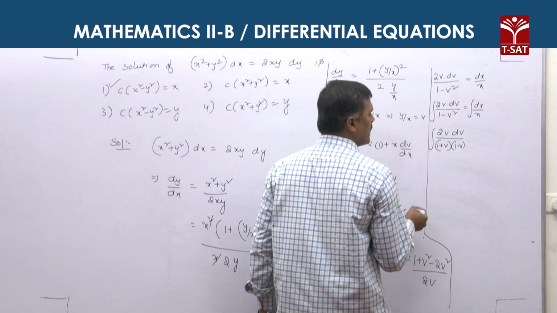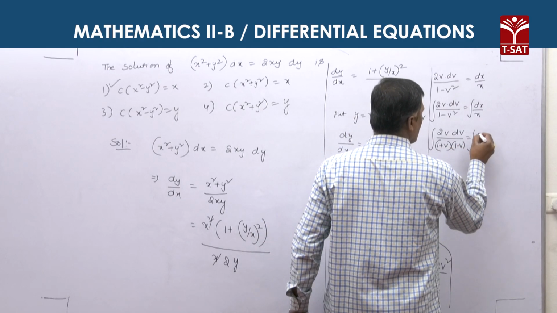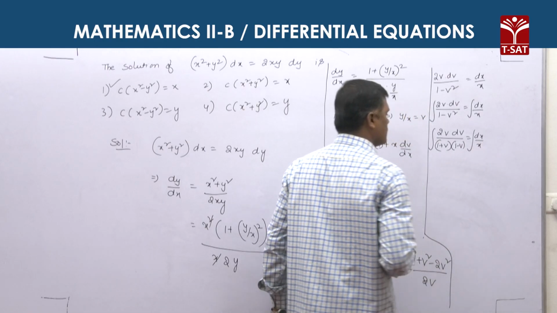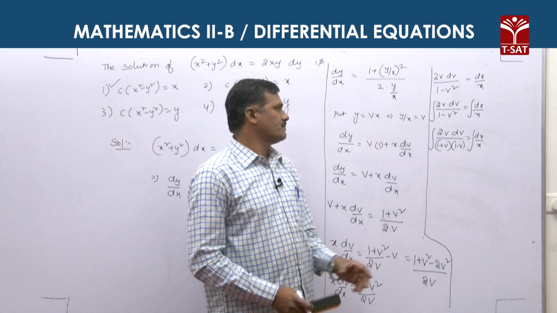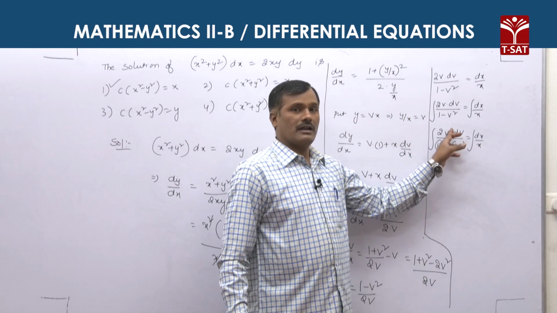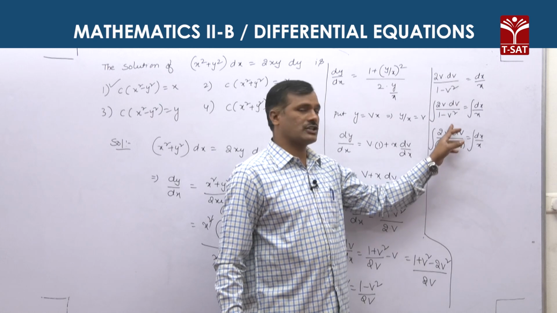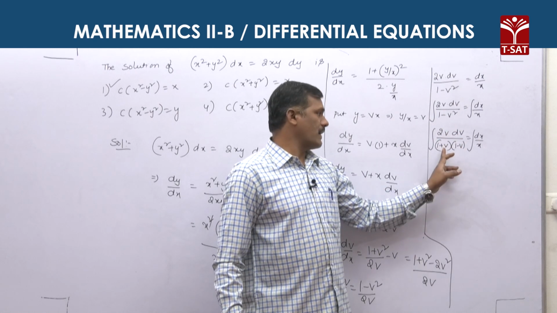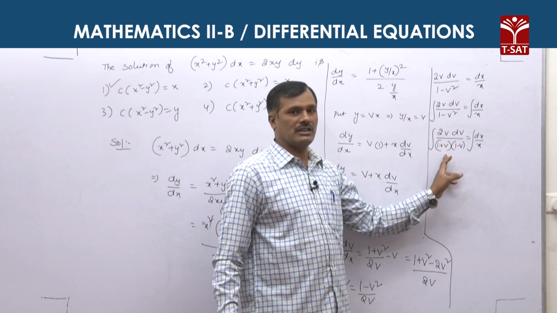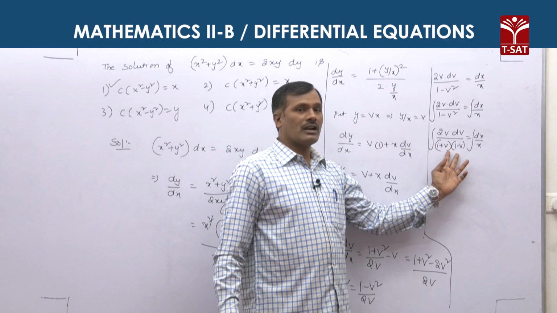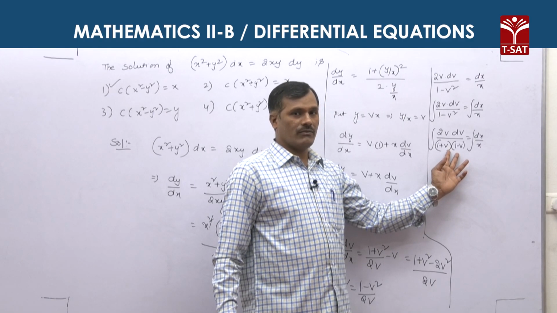That's why 1 plus v into 1 minus v is equal to integral of dx by x. Here we introduce partial fractions. 1 plus v and 1 minus v are two non-repeated linear factors.